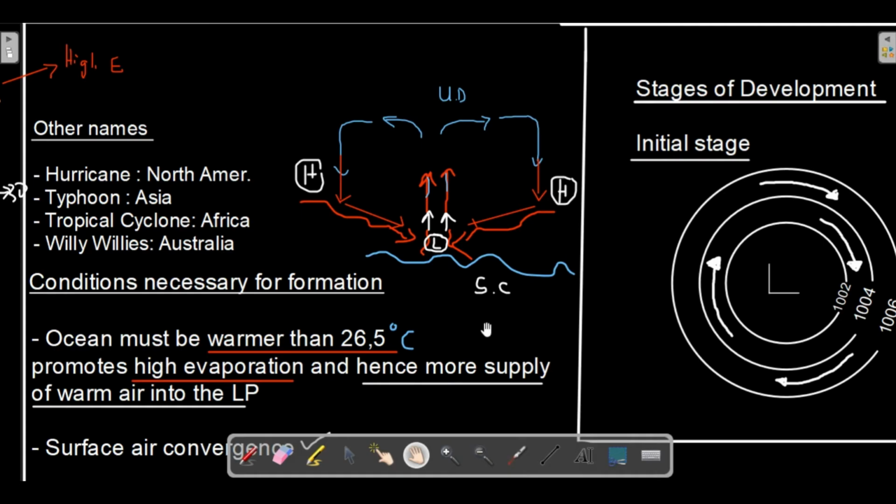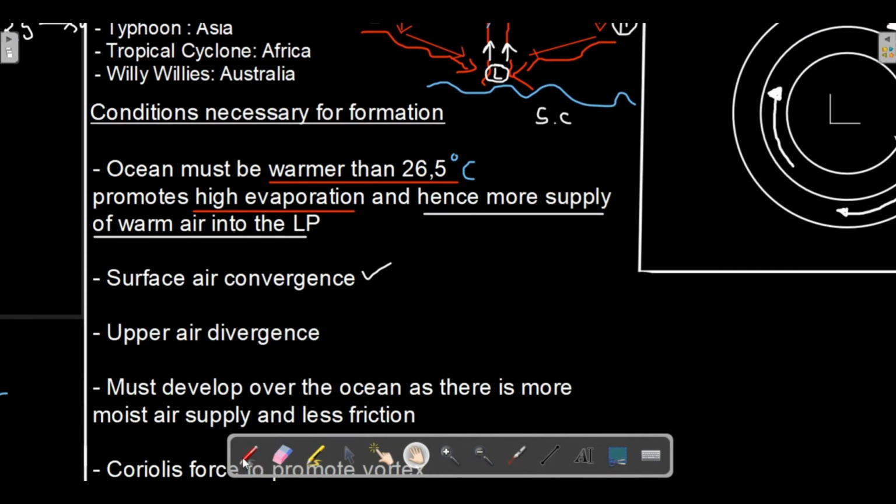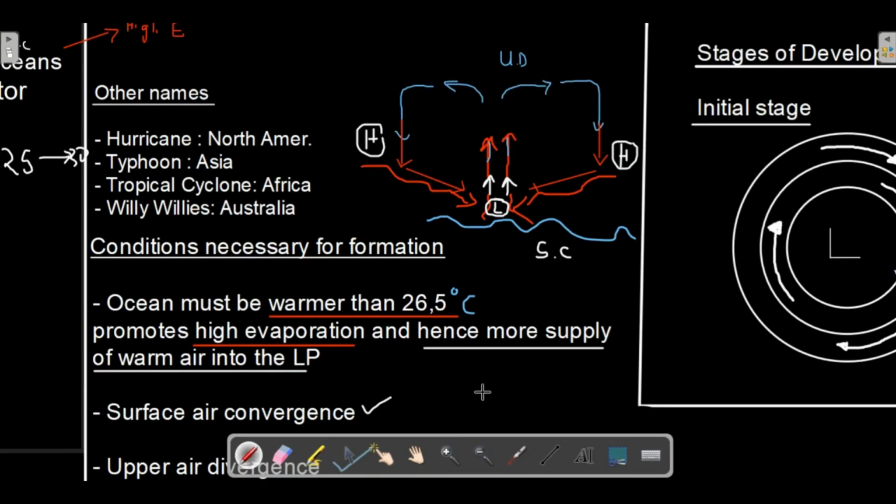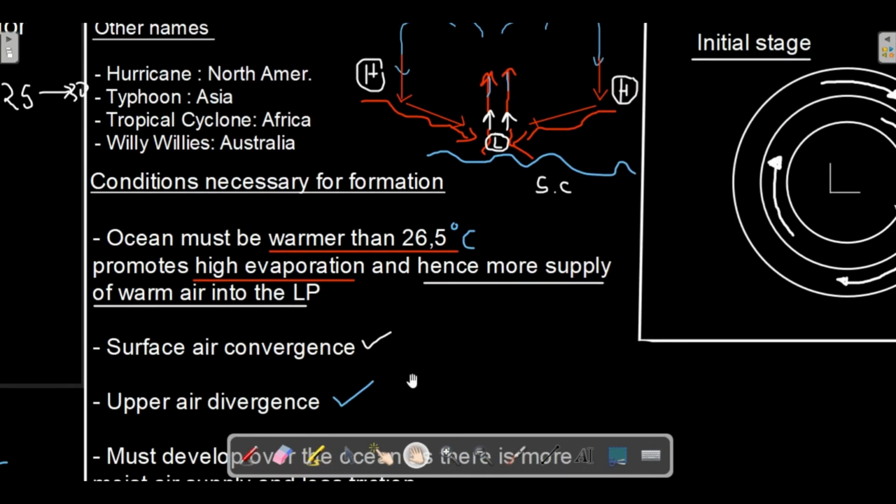Okay, so it actually sustains the tropical cyclone, so that it keeps on growing and does not dissipate. Right. Okay, so that's what we need. We need upper divergence to conserve this circulation, to conserve this growth.